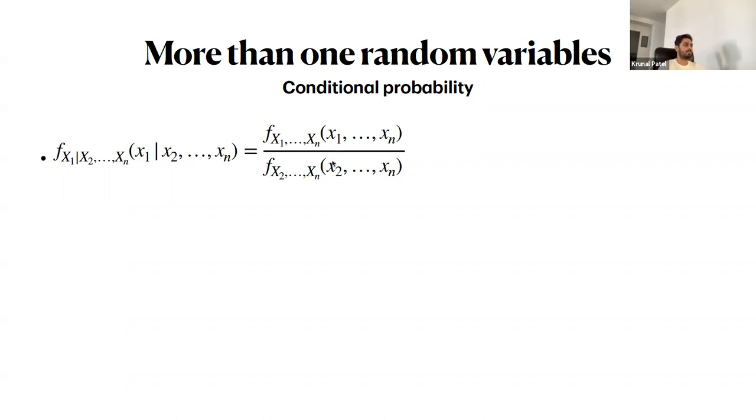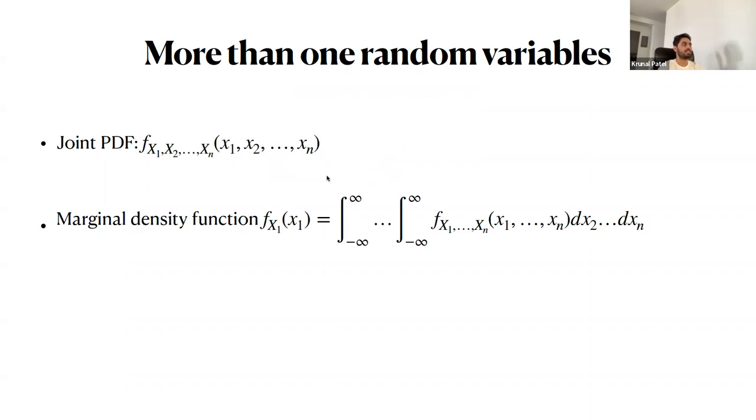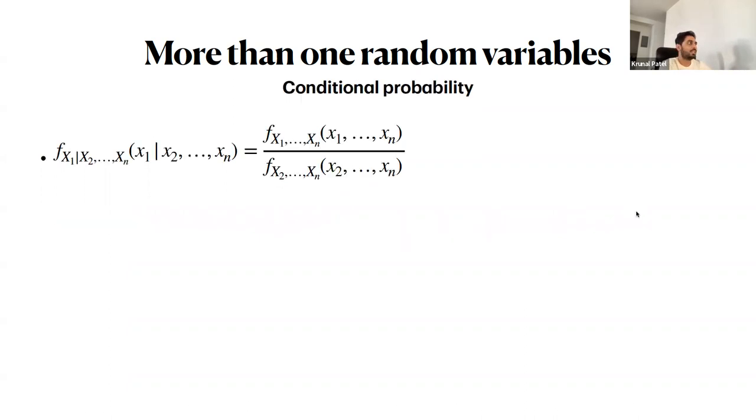If you do the exact same thing that we did earlier, there we wanted to find x1, so we integrated with respect to everything else. And here, on the other side, we want to find everything else, so we integrate with respect to x1. When we do that, we get the total outcomes, and our favorable outcomes are given by the joint distribution function directly, where x1 is taking value x1 and x2 to xn are already taking those values. So this is how you calculate the conditional probability.